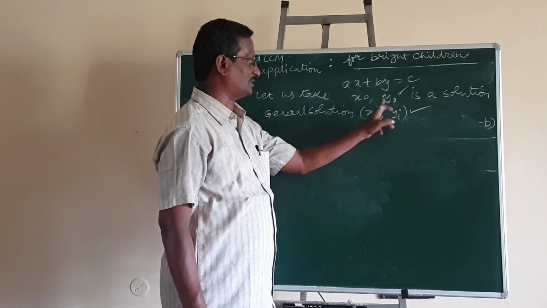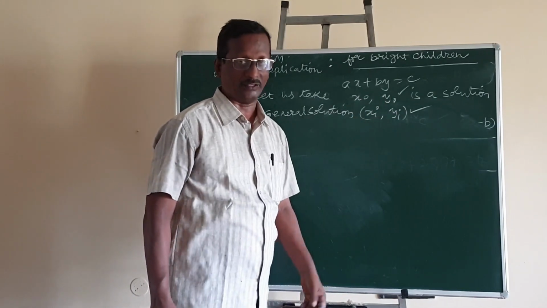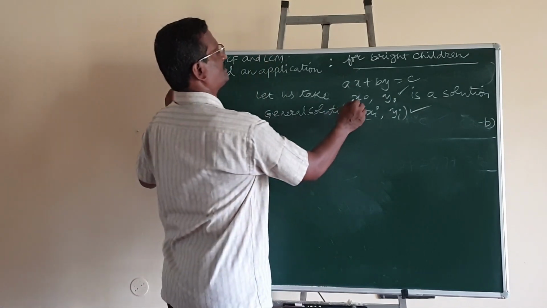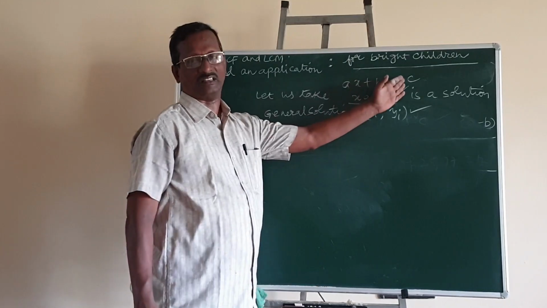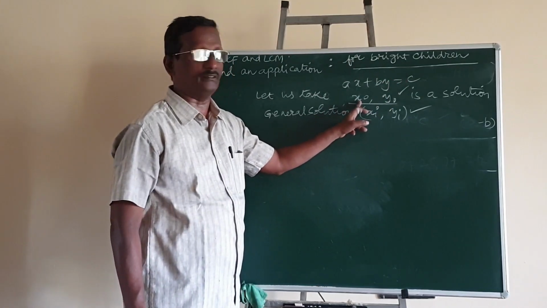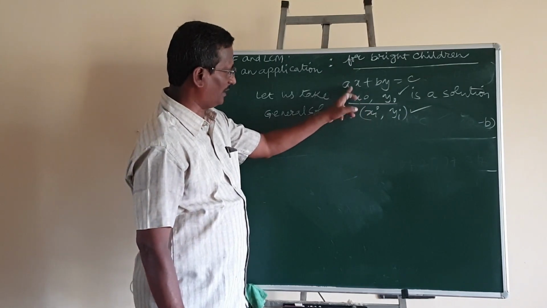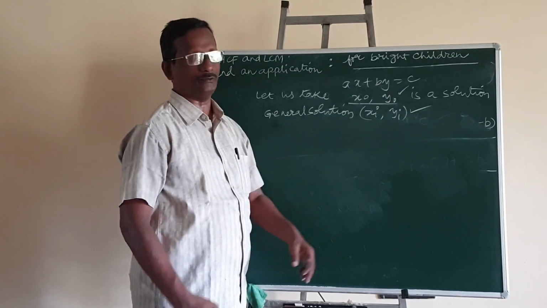Using that simple procedure, let us calculate the first base solution. So normal calculation using any one of the methods, either by converting to y is equal to mx plus c form or directly substituting any integer value of x and finding the corresponding value of y, that is y0.